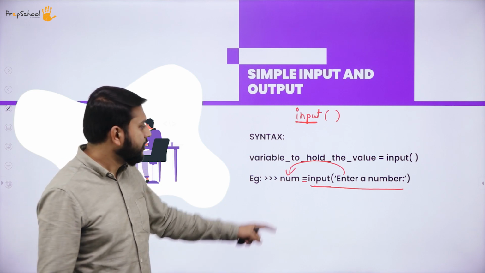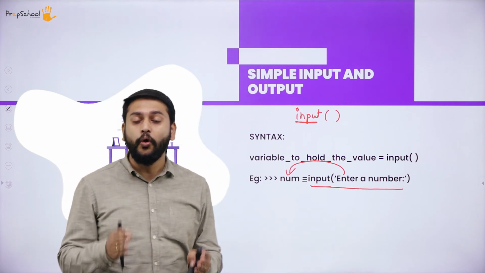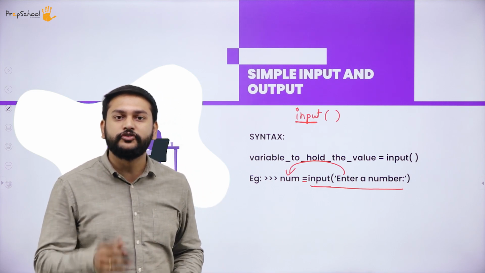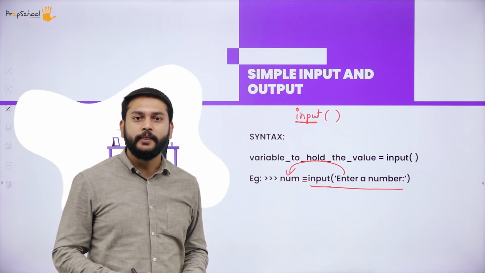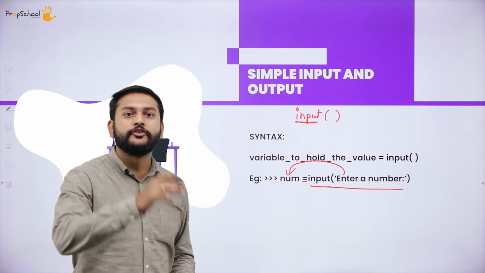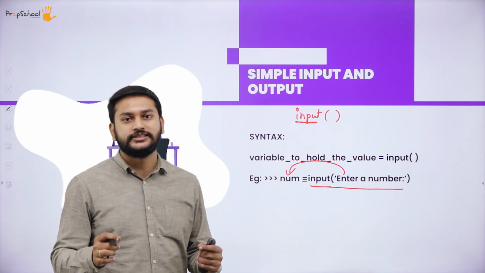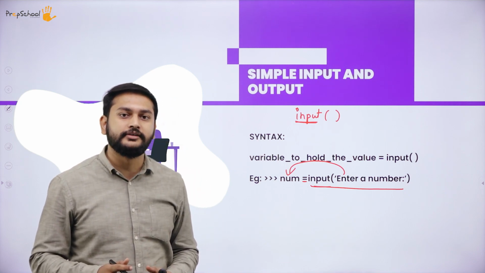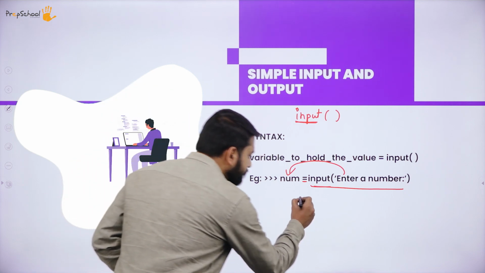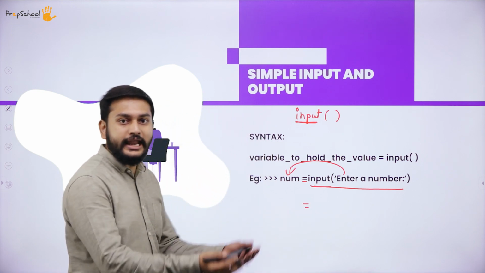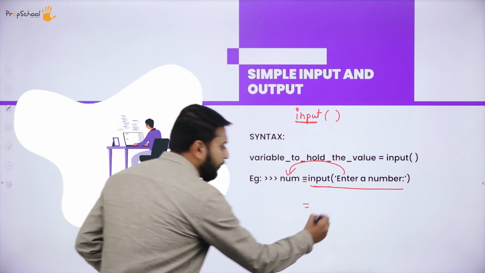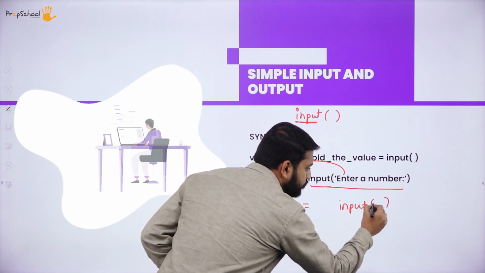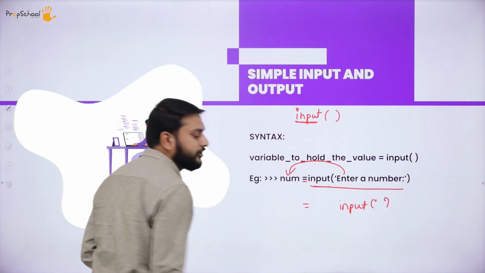Fine, sir, you said this statement will hold the default type, that is string. Whatever I enter will be in the form of a string. I want to enter an integer. How do I do it then? For that you have to do typecasting. You have to convert the type of the value you have entered. Suppose I want to read an integer. By default, you use this input function, and you give your statement, enter your number.